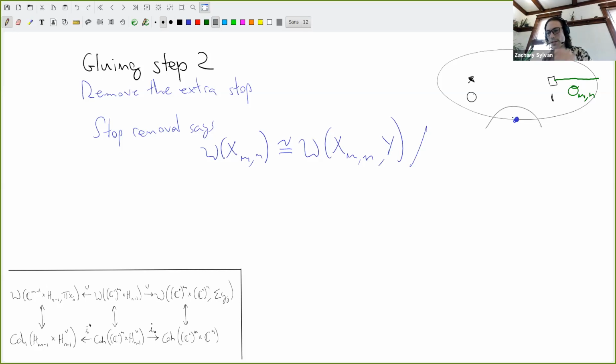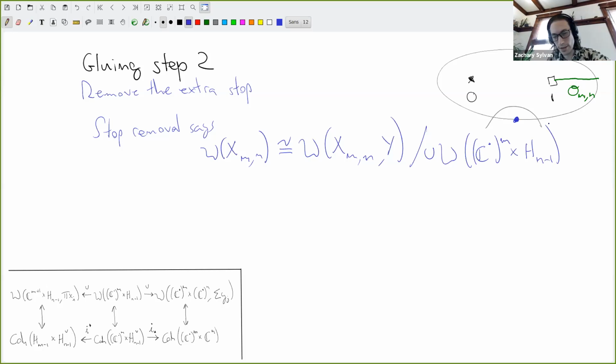We take a Lagrangian in the fiber and transport it over that gray arc. So this is modulo cup, the image of cup of the fiber. So the fiber is C star to the M cross H N minus 1.